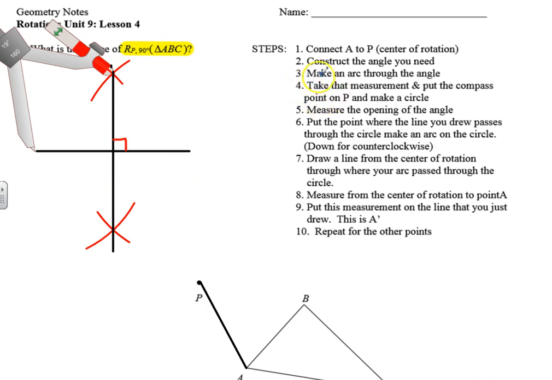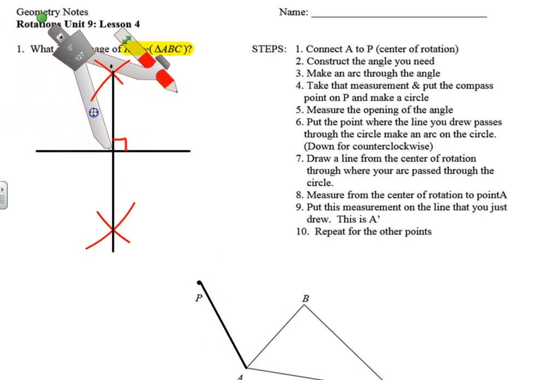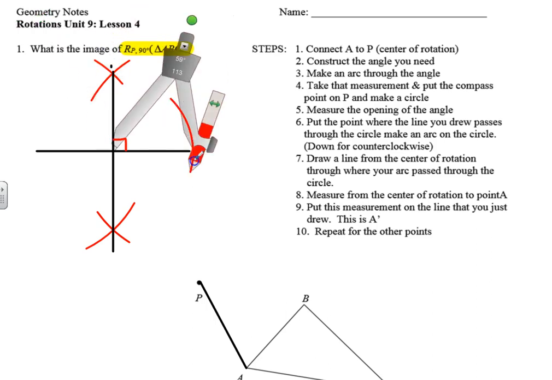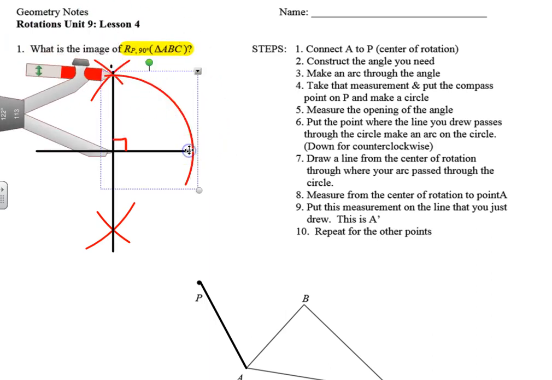Okay, now make an arc through the angle. That's what I refer to as a reference arc, like in our congruent angle. The key on this is that our arc needs to hit both sides. So I'm just going to extend this line out a little further.